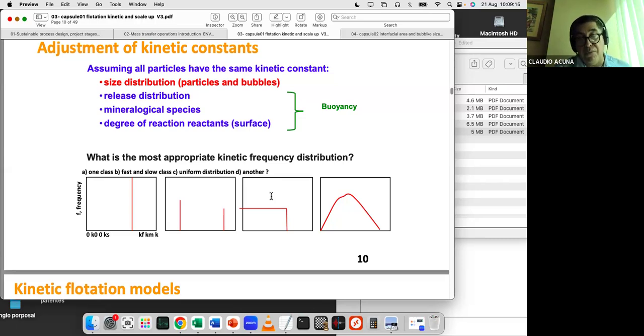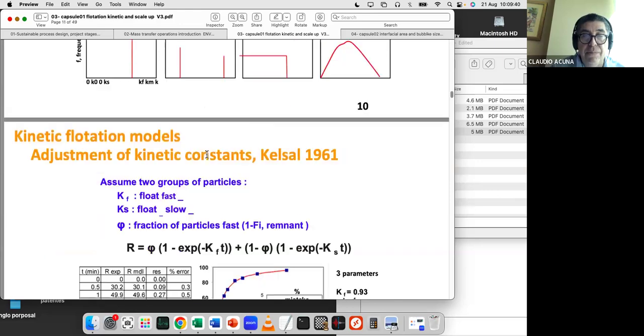This is connected with Professor Berg, experimental design. I want you to try to fit the data that I'm about to share. It's real data, okay? Understanding that this topic, kinetics, is not only for flotation, also for leaching, also for chemical reactions. So you will be understanding these fundamentals for a variety of applications.